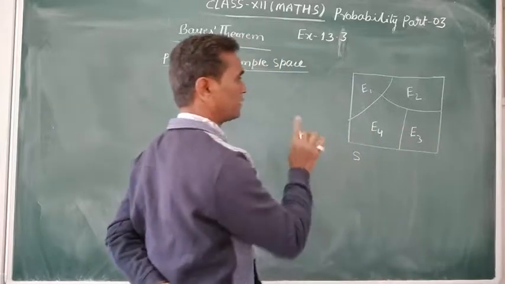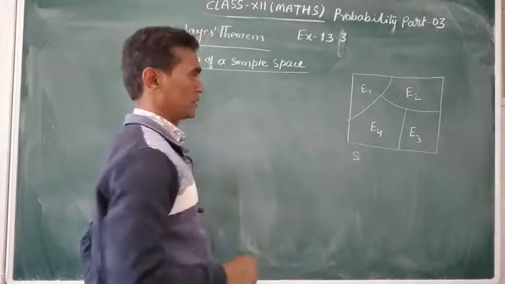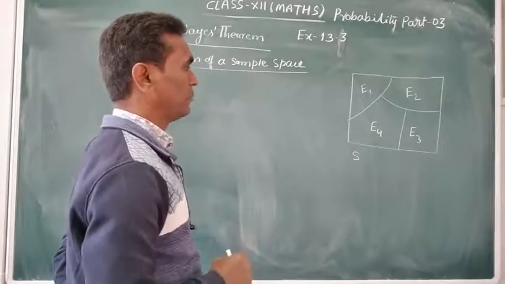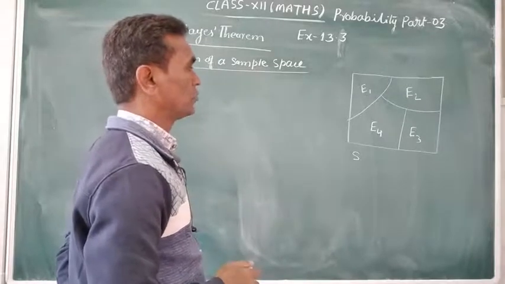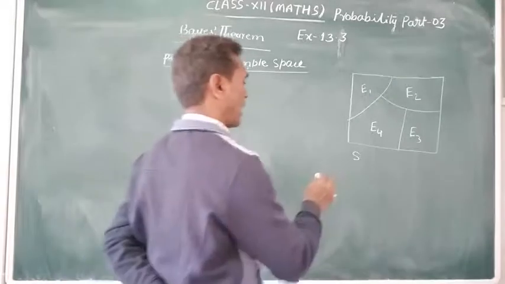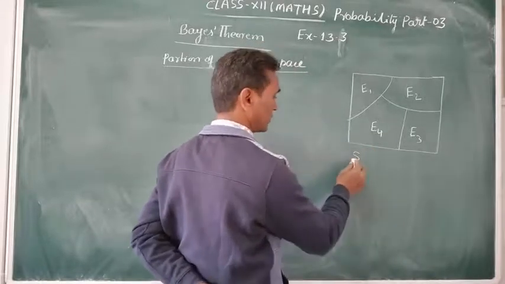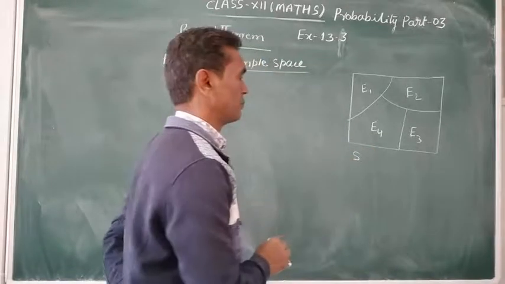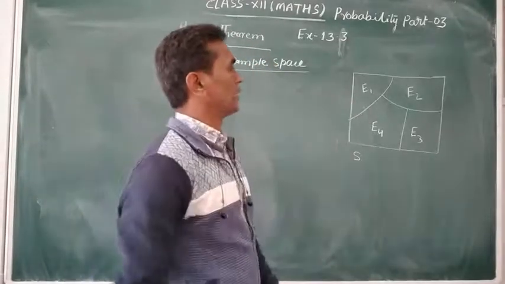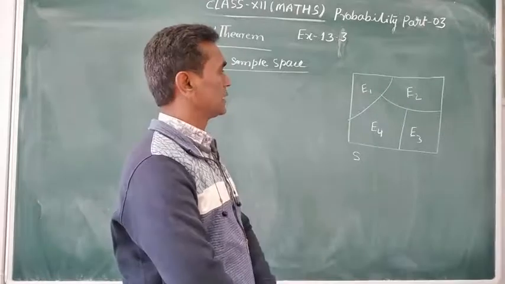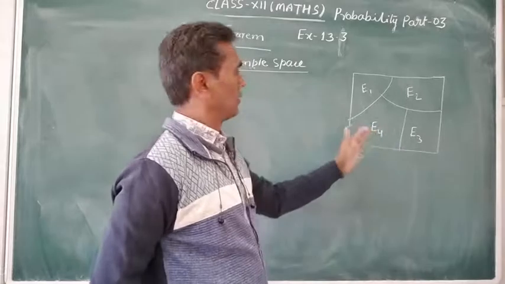So I have divided the whole sample space into 4 parts and each part is a subset of the sample space. So E1, E2, E3 and E4 are events with respect to this sample space. This set of events is called a partition of the sample space.